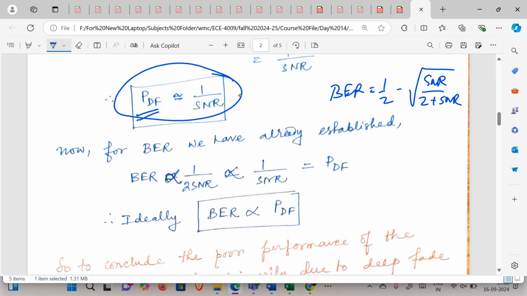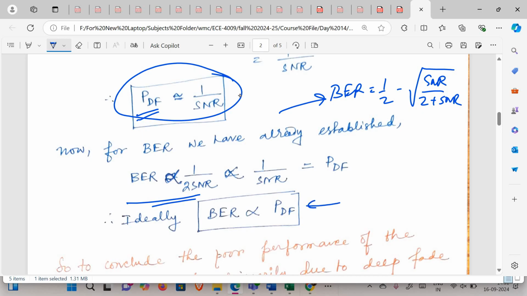If you take the same condition where SNR is very high and rearrange this equation, it boils down to something like BER is proportional to 1 by 2 SNR. Now 1 by SNR is nothing but again PD. So you can see 1 by SNR is equal to this.